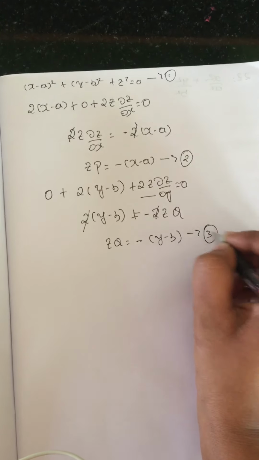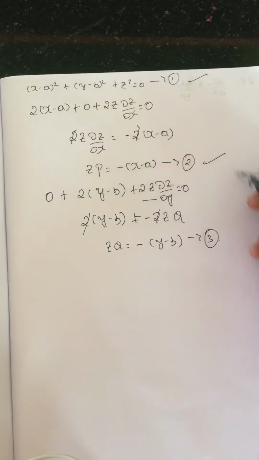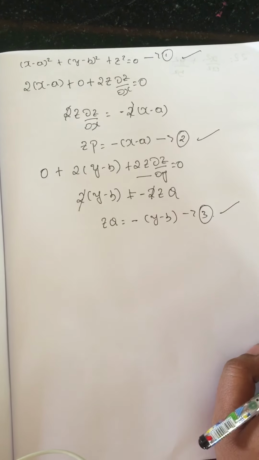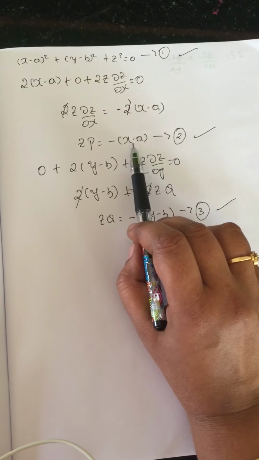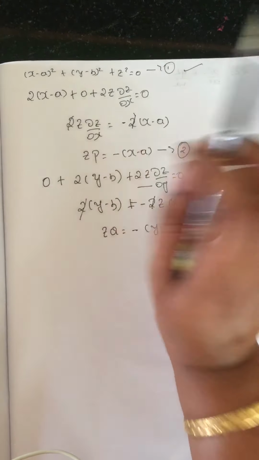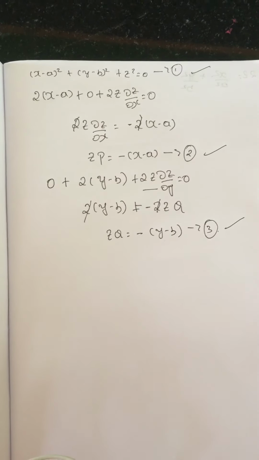Call it equation number 3. Now, using these 3 equations, is it possible to eliminate the arbitrary constants? Think. Yes, here we get the x minus a value and also the y minus b value. These two values substituted in the given equation make it easy to remove a and b.